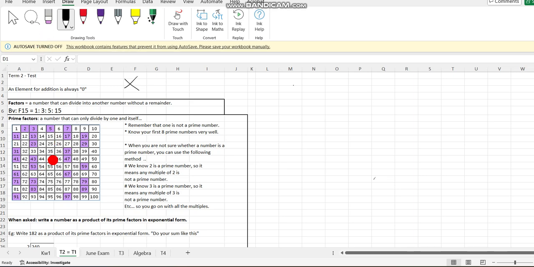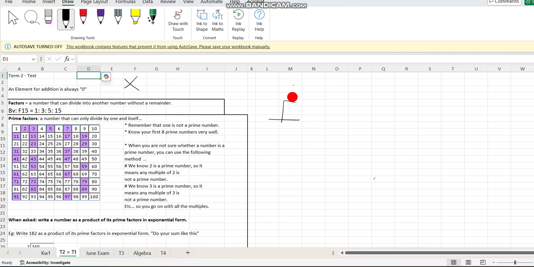Prime numbers, priemgetalle. I put a 100 chart here for you. You need to work out your prime numbers, study them also. I always say you need to know the first few, which is 2, 3, 5, 7, 11, 13, 17. But if they give you a number which is much higher than the ones that you normally would, remember, do the following and go work out your factors, right?